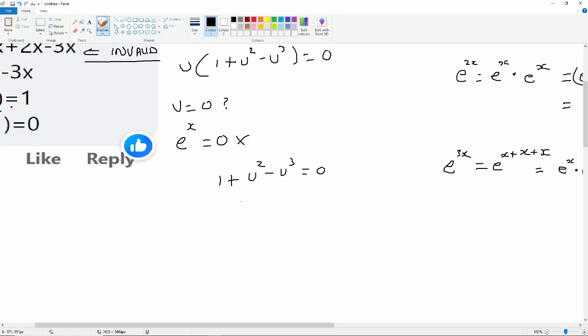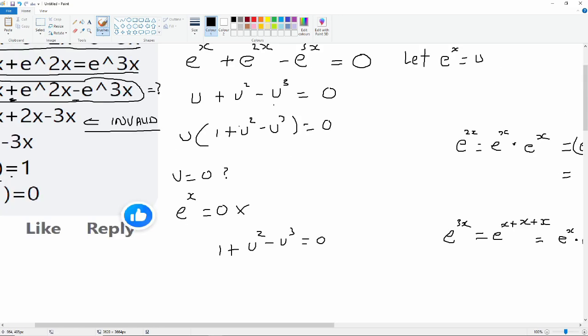Let's just rearrange this just a little bit, and actually that is wrong. I've made a mistake here. That should not be squared because I've pulled the u out. So u divided by u is 1, u squared divided by u is just u, and u cubed divided by u is u squared.